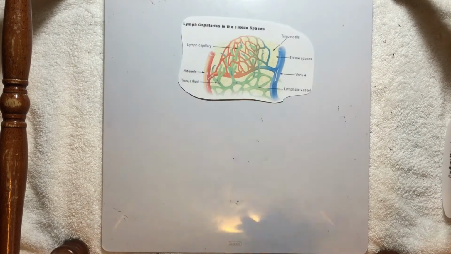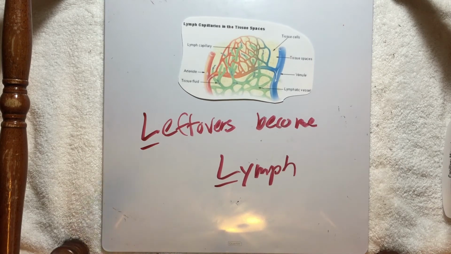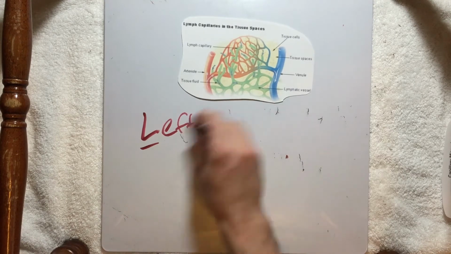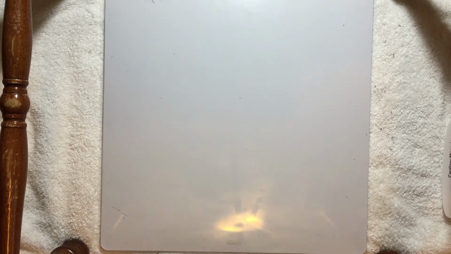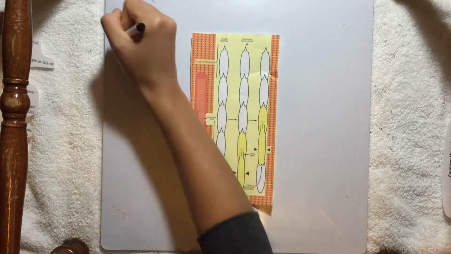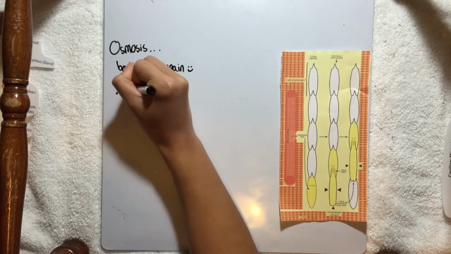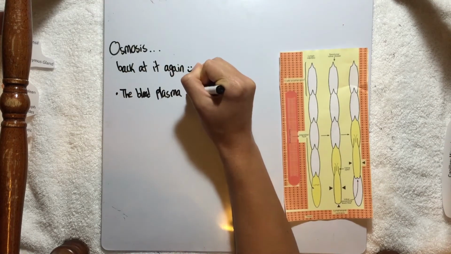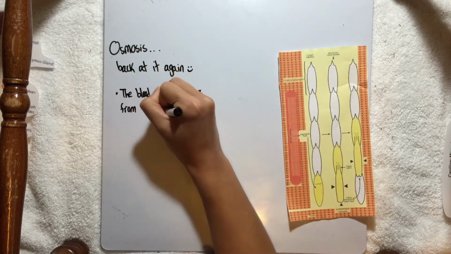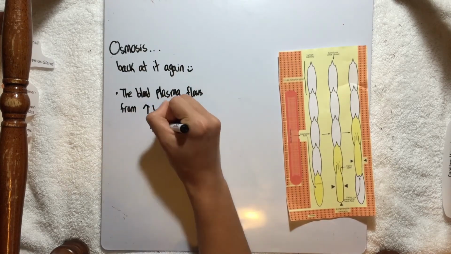Not all of our blood plasma, which is now interstitial fluid in the ECM, gets taken back up in the venous end. Instead, the leftovers become lymph. Leftover lymph gets filtered into the lymphatics, or the lymphatic vessels, due to osmosis.